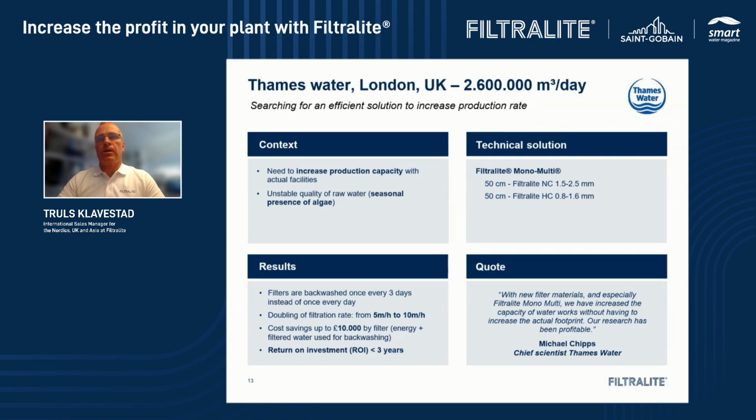And I discussed, okay, since you increase the filtration rate from 5 to 10, then you have much more water to sell now. Michael Chips told me that we cannot take that into account, because then the filter material is actually paid for before we have done the installation. So it doesn't make sense to make that calculation, because our alternative was to do an extension of the existing plant.